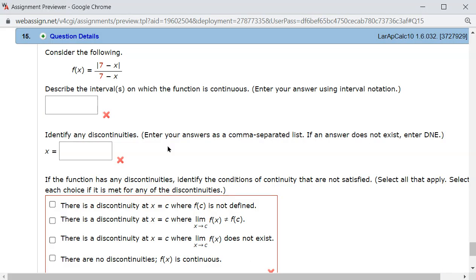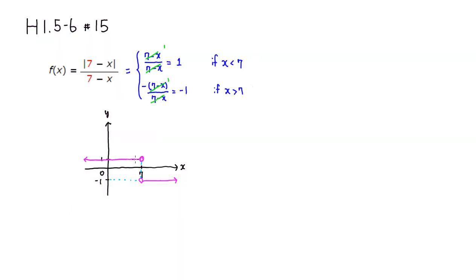We want to describe the interval on which the function is continuous. If you go back to the picture, you can see that it's continuous. There's no break less than 7 and above 7, but there's a problem at x equals 7.